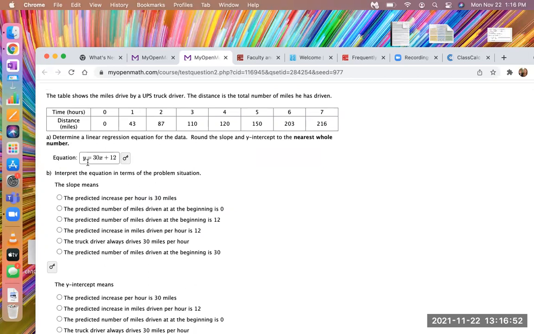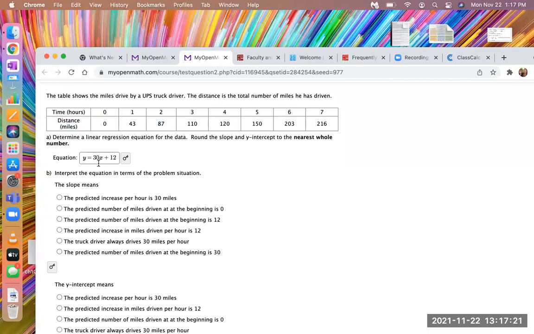Well, if you put this as your L1, your first list and not your second list, then most likely you set it up so that your X is going to be the time and the distance is going to be the Y.